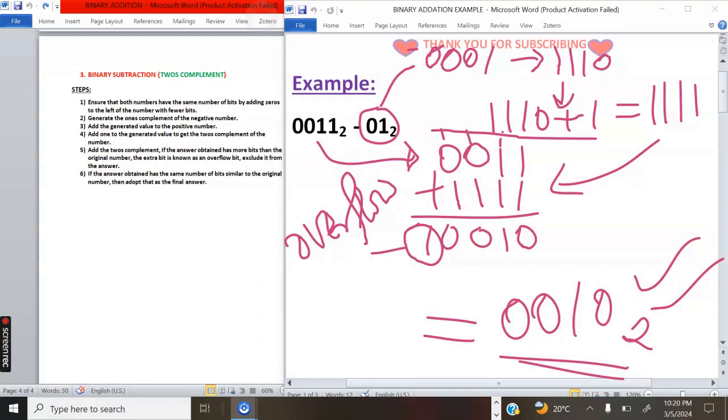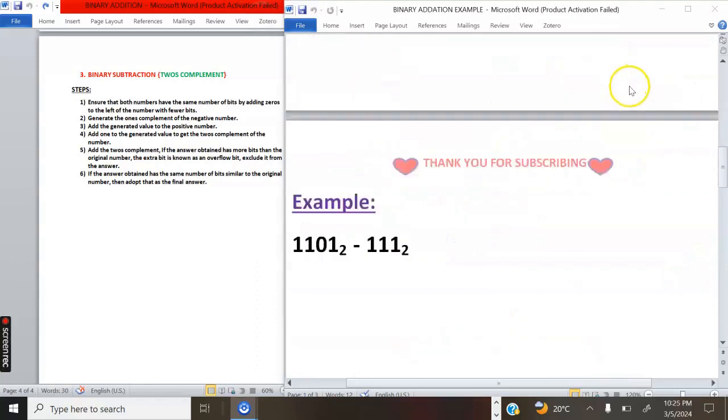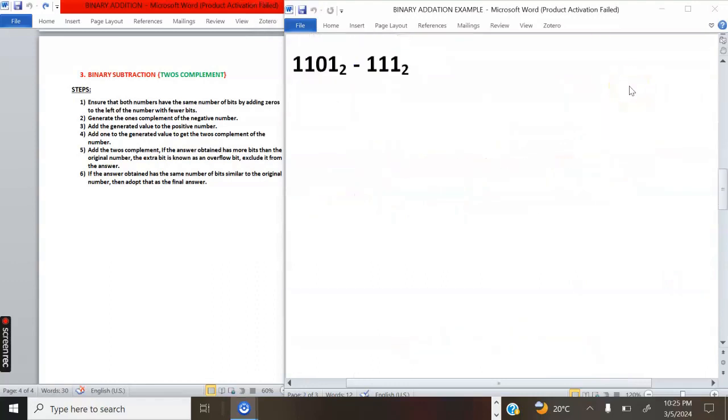Okay, let's do our example number 2 so that you can get yourself conversant on how to do the whole thing. Our example number 2, we have 1101 base 2 minus 111. Remember the rules? If the bits are less, you add.